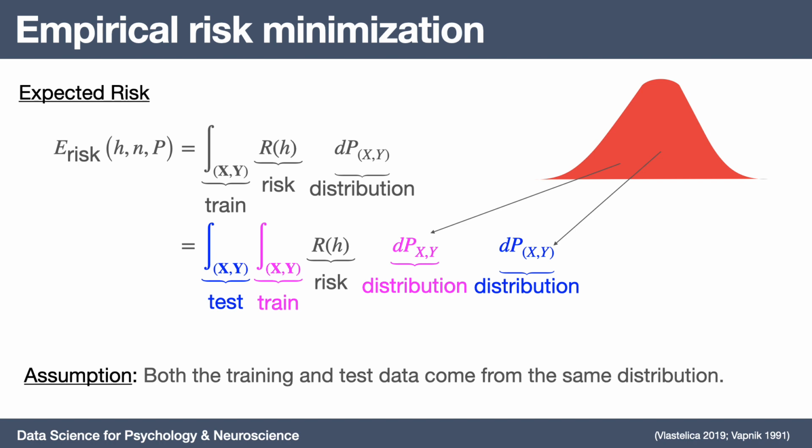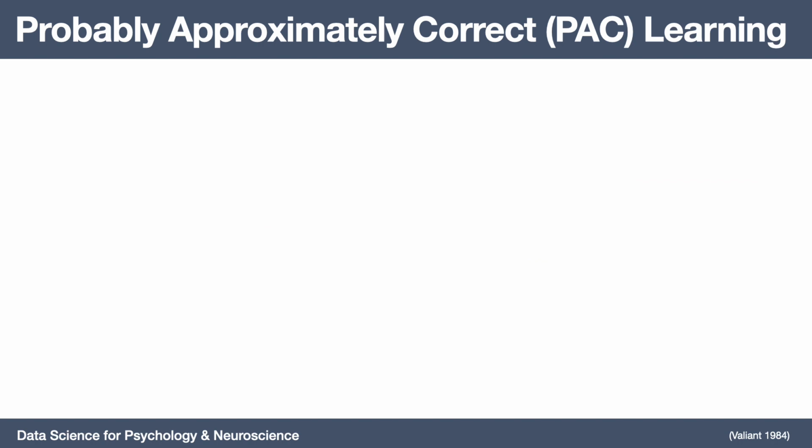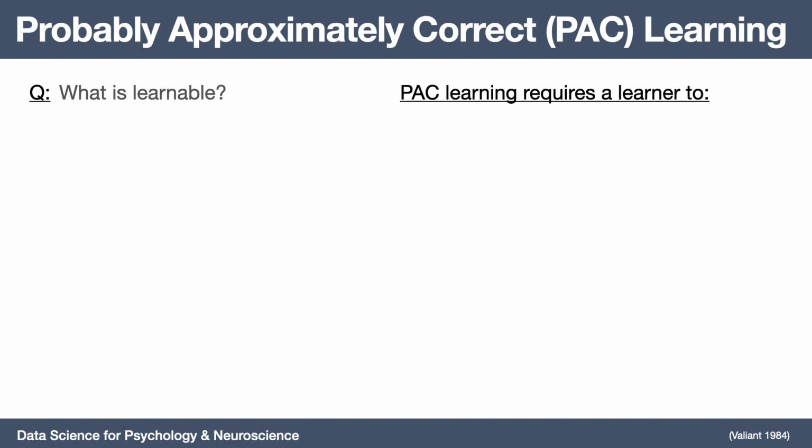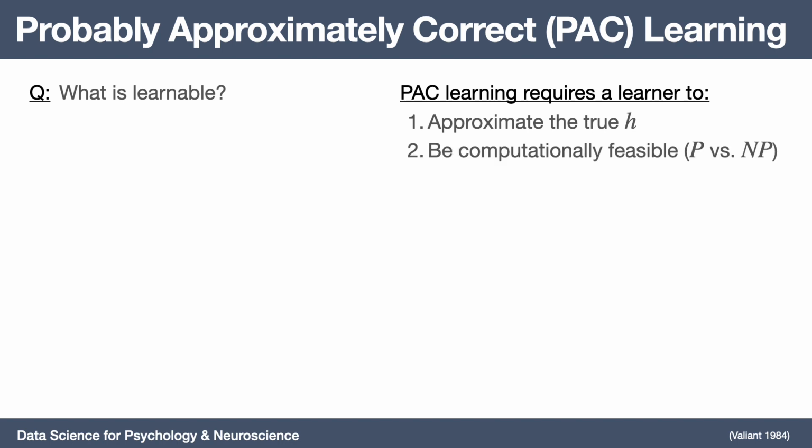Our current best understanding of these limits falls under the area known as probably approximately correct learning, or PAC learning. PAC learning is an attempt at answering the question, what is learnable? What are the limits of what we can learn given a particular algorithm? For PAC learning, it requires the learner to approximate the true hypothesis of the data, the true H, and be as computationally feasible as possible.